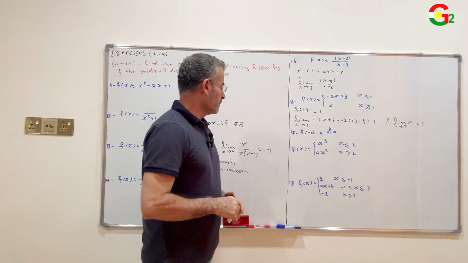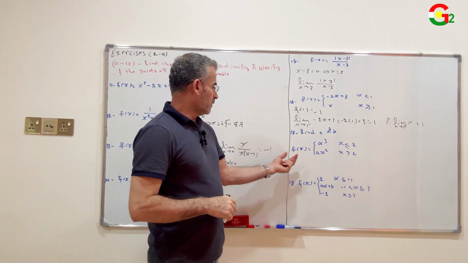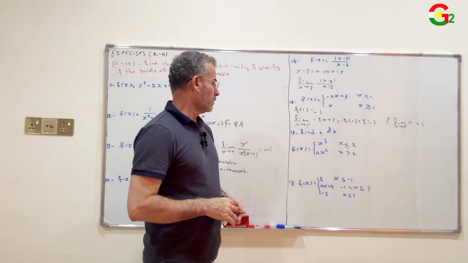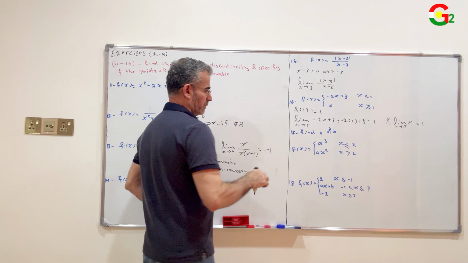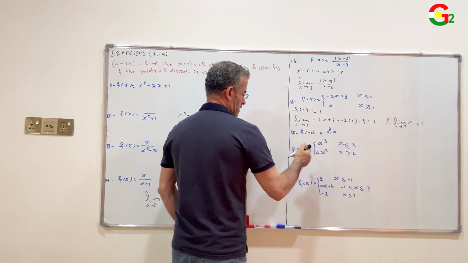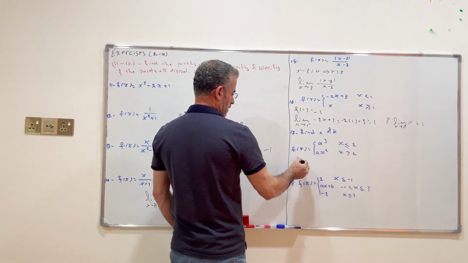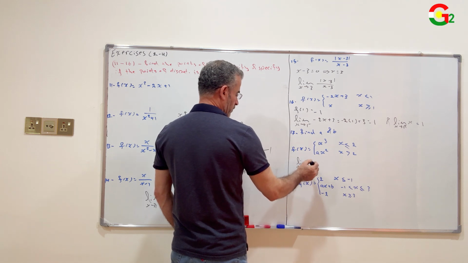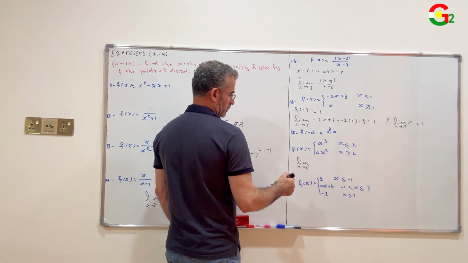Number 17, find the value of a if this function has no point of discontinuity. Since the function has no point of discontinuity, the limit when x approaches 2 from left equals the limit when x approaches 2 from right.